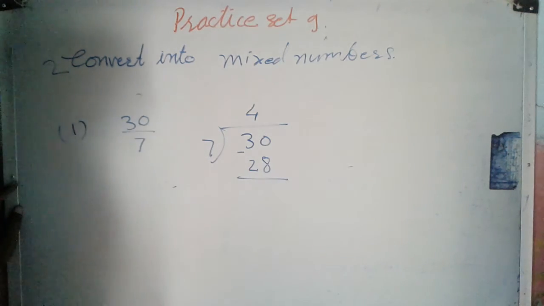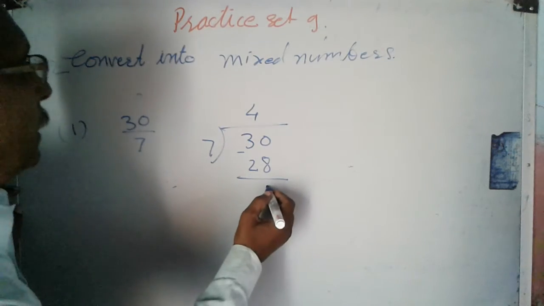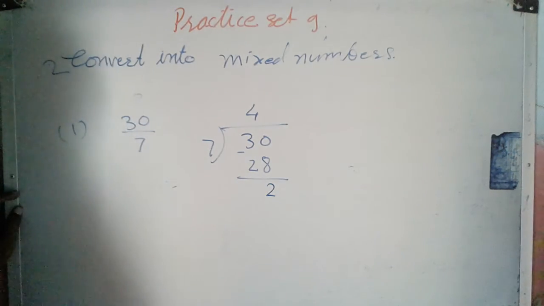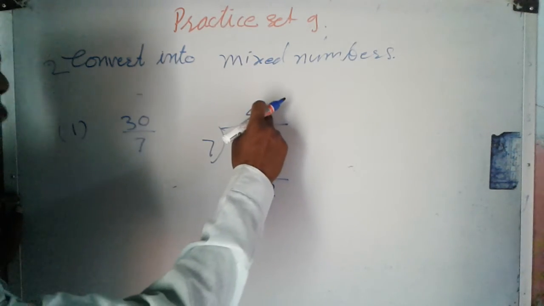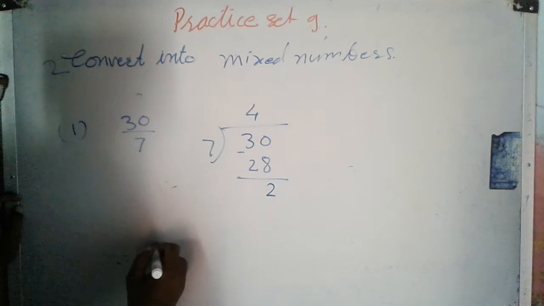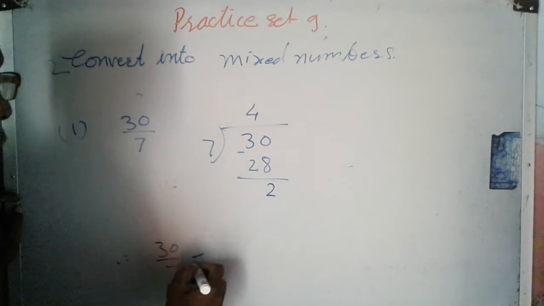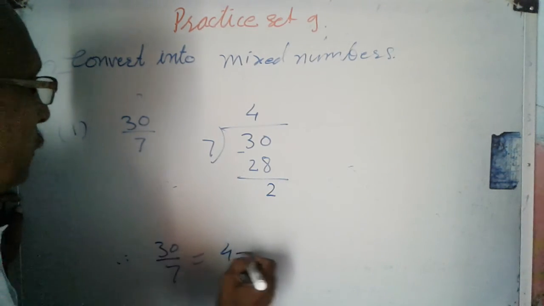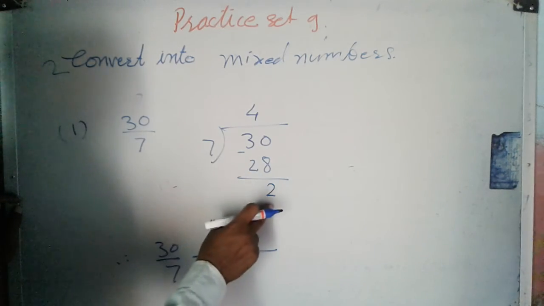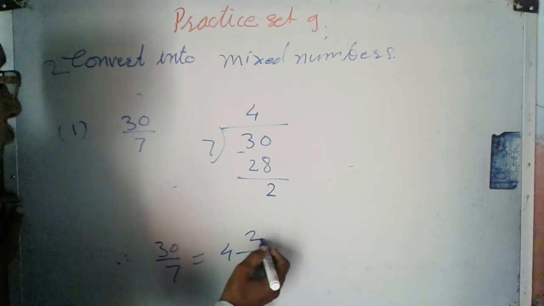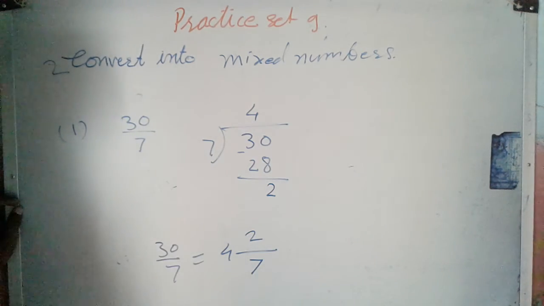So here the remainder is 2. The remainder is less than the divisor, so we cannot divide further. So here 4 is the quotient. Therefore 30 upon 7 is equal to 4 full, and here 2 is divided into 7 equal parts, that means 2 upon 7. 4 and 2 upon 7.